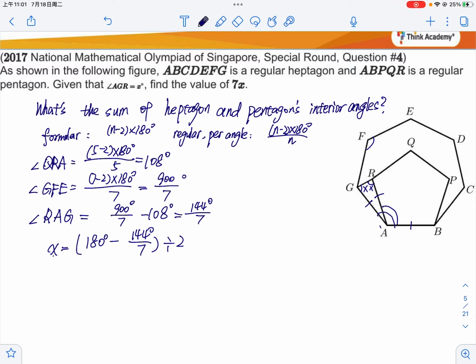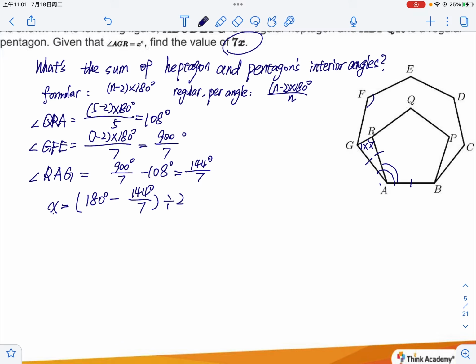So it is X, but the question asks us to find out 7X. You know, for NMOS, most of the answers are integers. So that's why the question asks you to find 7X instead of X. So it's easy for us to calculate. You don't need to calculate too many fractions.